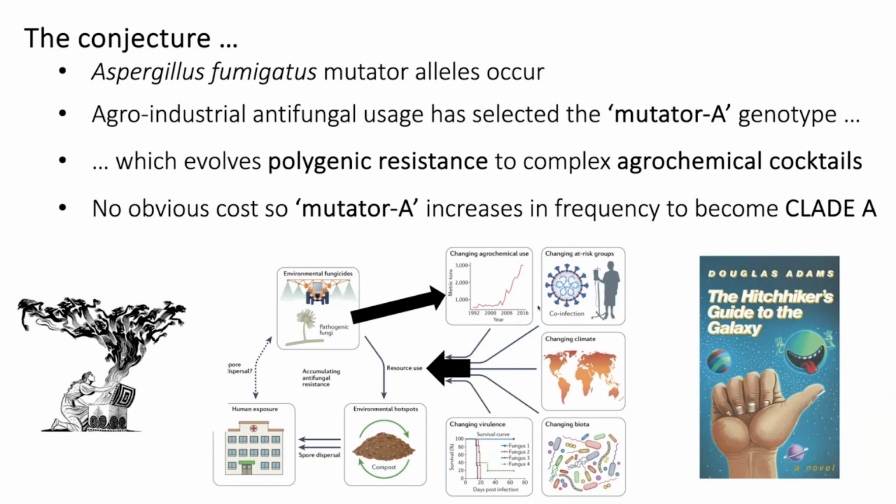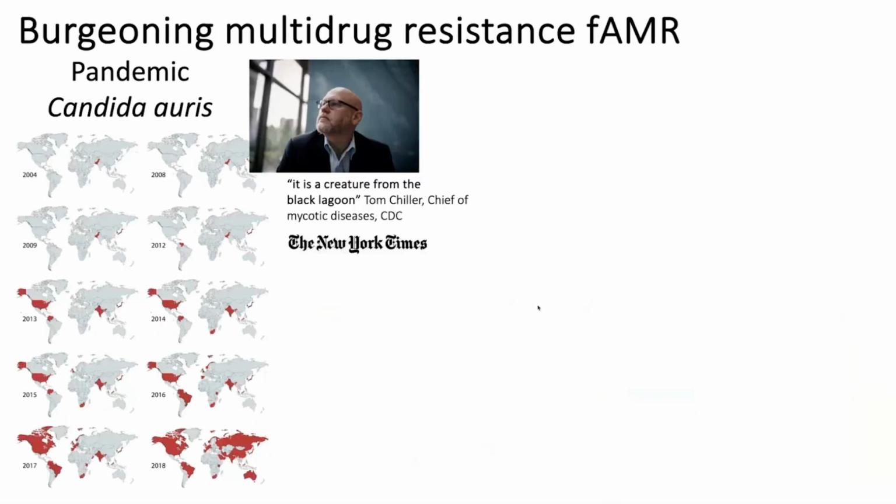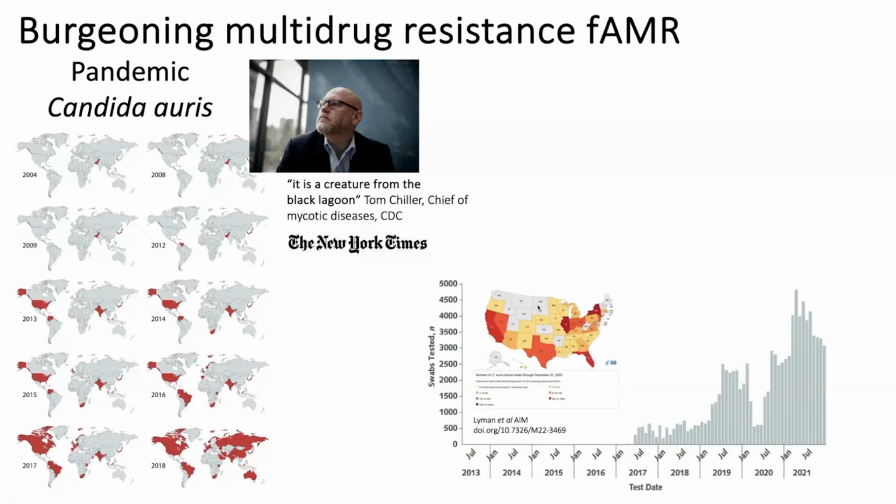So will it stop? Will it end up with clade A fixing in the environment? That's the question. So it's not just Aspergillus fumigatus. We have burgeoning multi-drug resistant fungi. There's the pandemic of Candida auris. It's a creature from the Black Lagoon, says Tom Chiller, chief of the mycotic diseases branch at the CDC. And this is becoming a real issue across the planet.